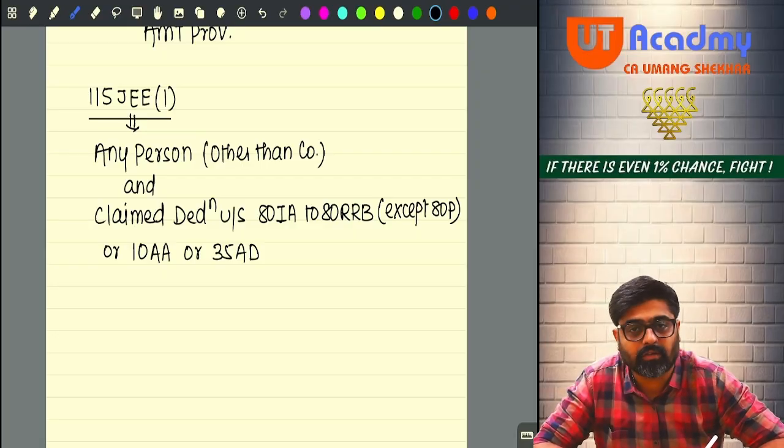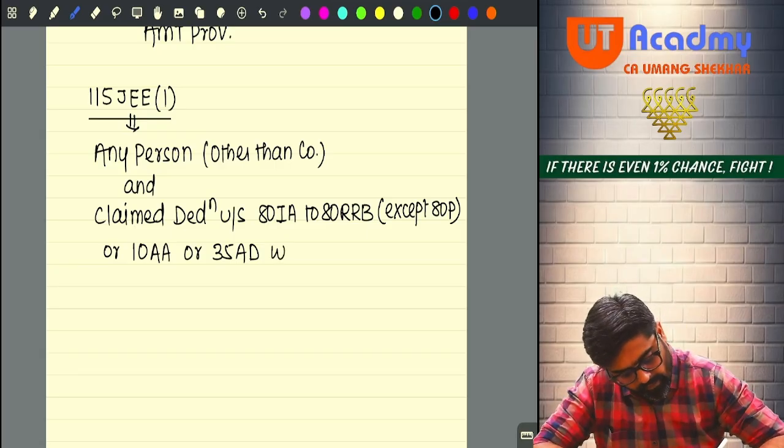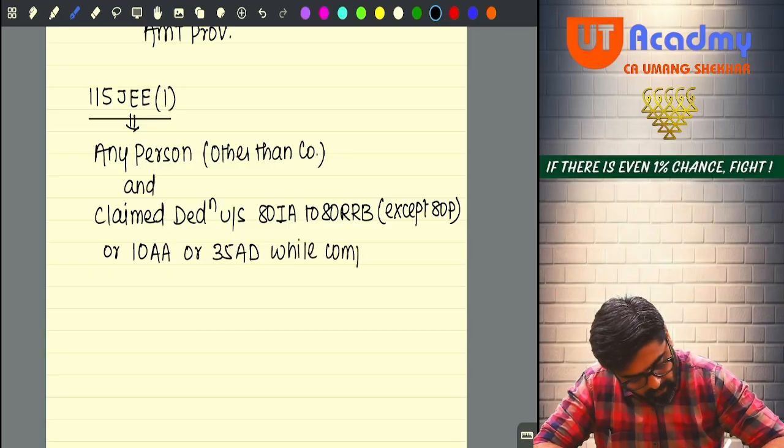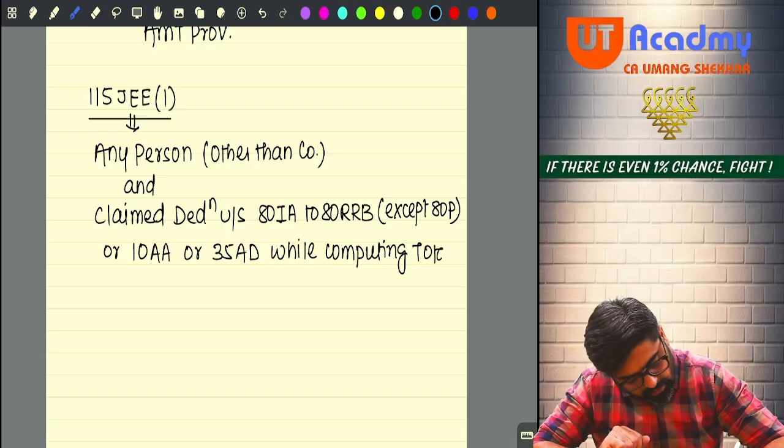If the assessee has claimed any of these deductions while computing total income.